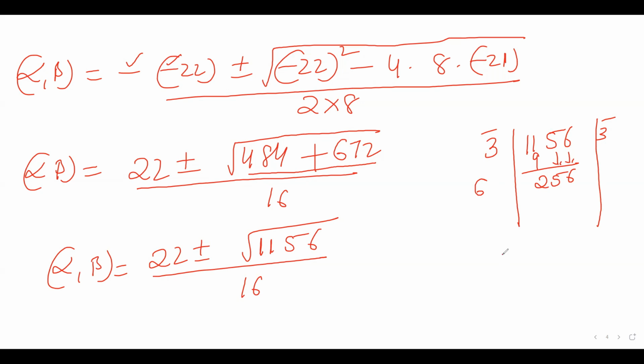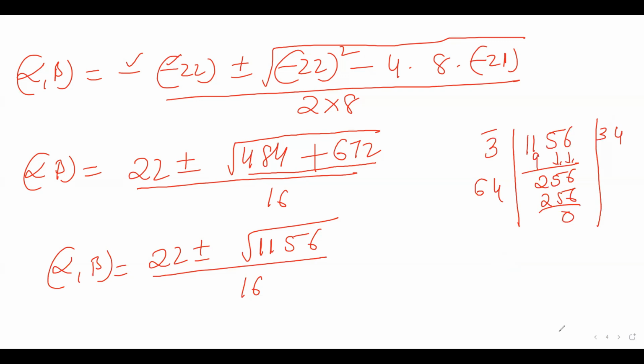So shall I try 64? 4 yes, 64 4s are 256. So what is the square root? Square root is 34. So I will write down alpha beta is equal to 22 plus or minus square root is 34 by 16.